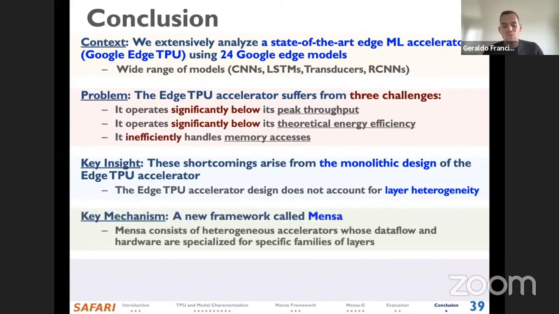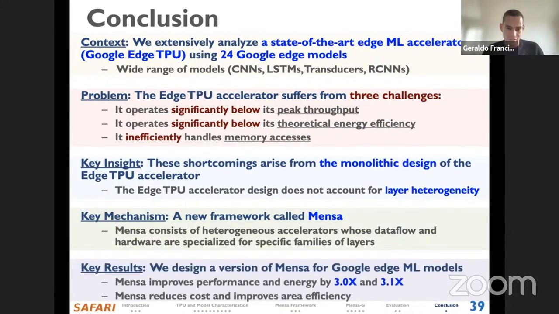Based on that, we propose a new framework called Mensa, which consists of a heterogeneous set of accelerators whose dataflow and hardware design are specialized for particular properties of different neural network models and layers. We extensively evaluate Mensa for those 24 Google edge models, and we see that Mensa improves performance and energy by 3 times and 3.1 times, and also reduces cost and improves area efficiency.